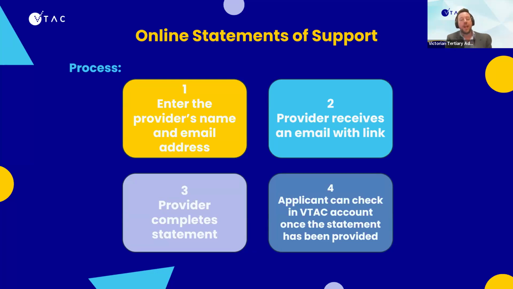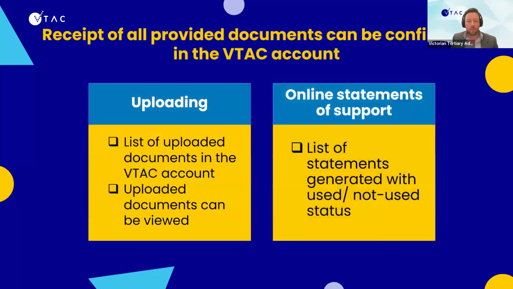You will be able to see in your account when an online statement of support has been submitted, but you will not be able to access what your health practitioner or your responsible person has written. So you'll be able to monitor the status or receipt of your evidence within your BTAC account, so if it has undergone that initial review or whether the online statement of support has been submitted.